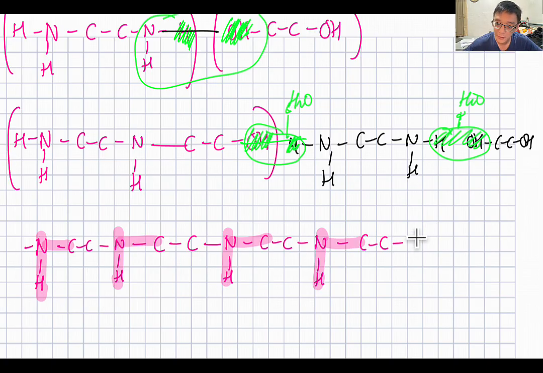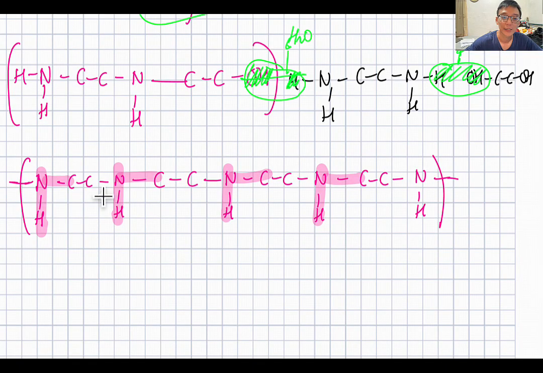So in this part, we can suspect that it will be something like this. Here it is. So this bond between NH and C, actually it's called the amide linkage.